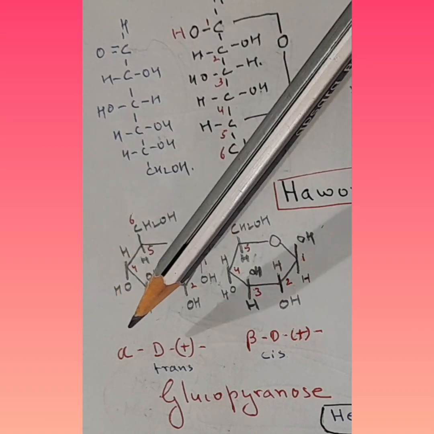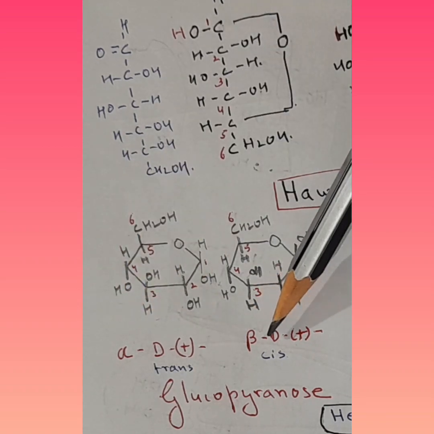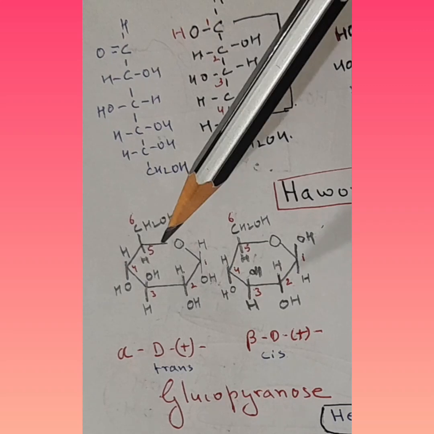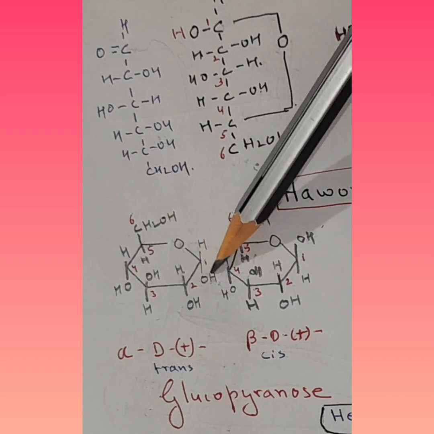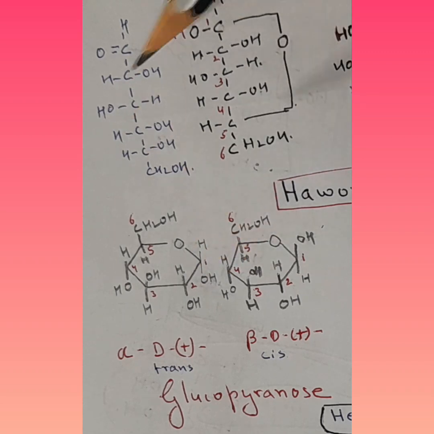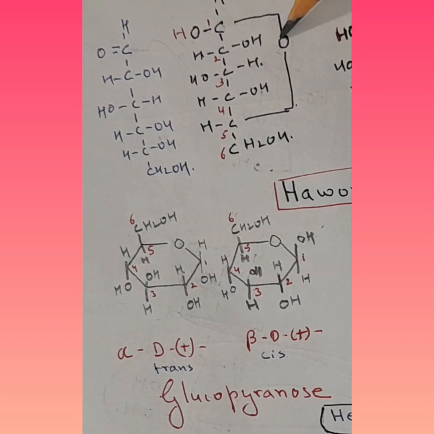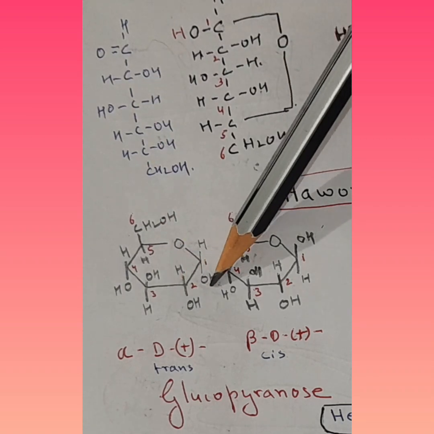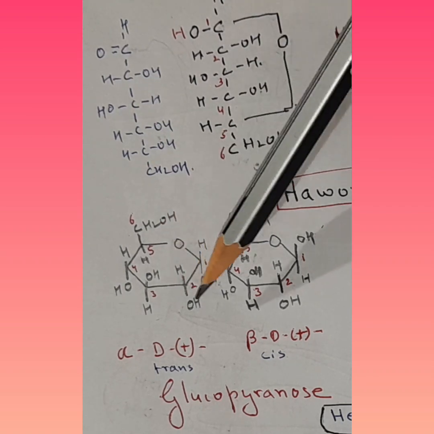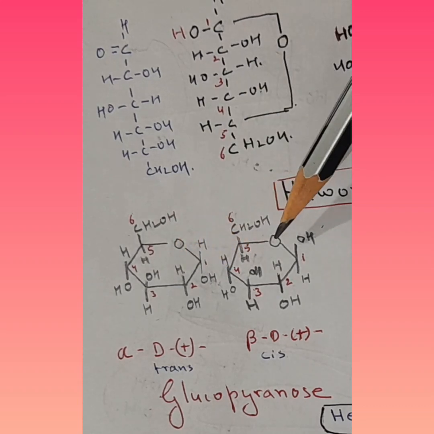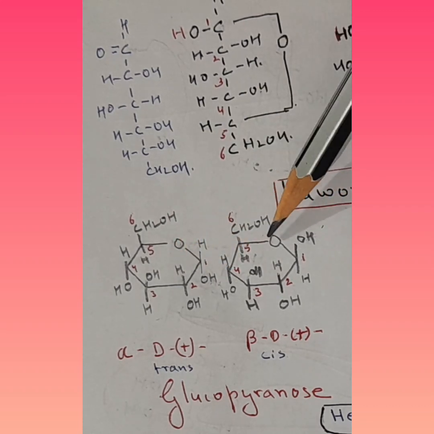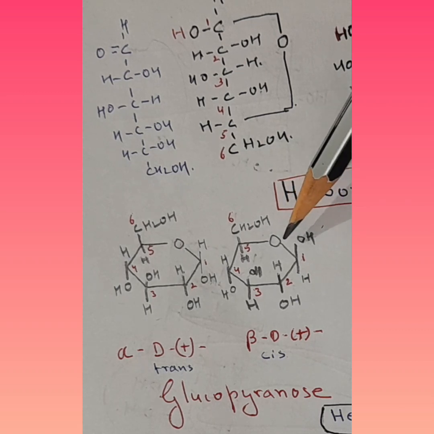Now let us understand what we mean by alpha and beta. In case of alpha, just focus on this OH. This OH and O are further away from each other, whereas here this OH and this O are very close to each other.